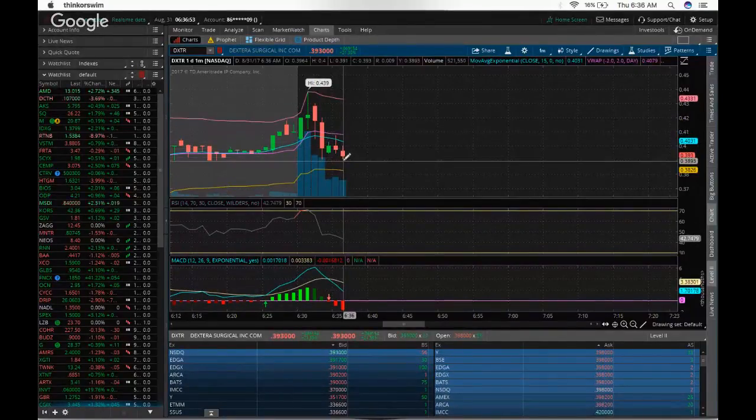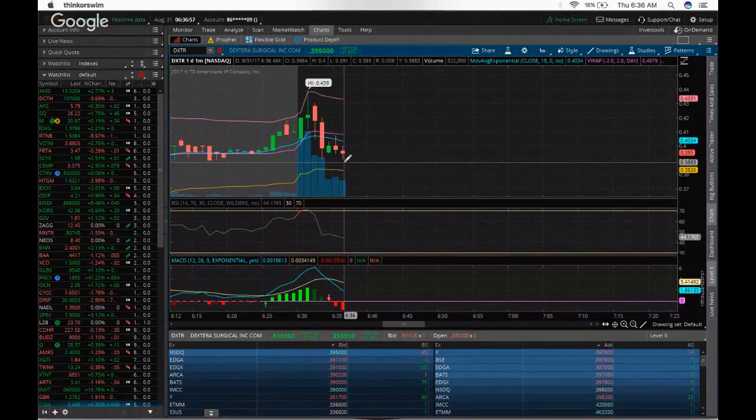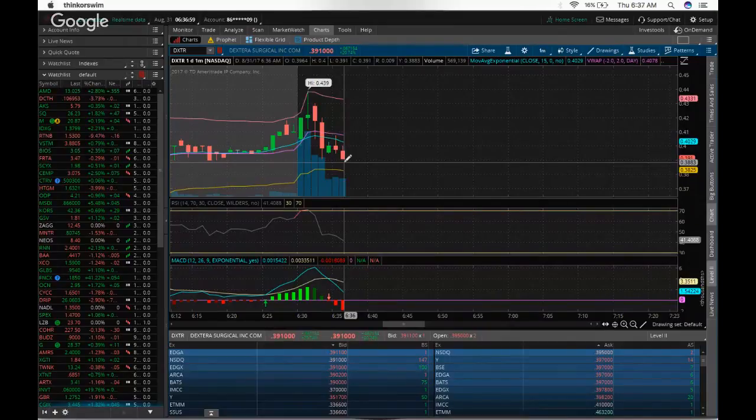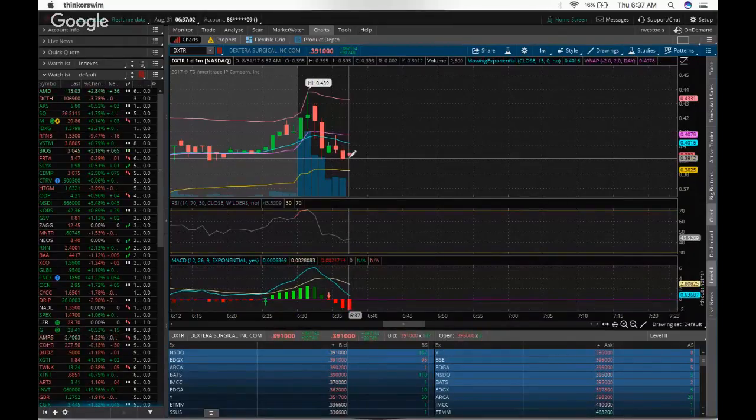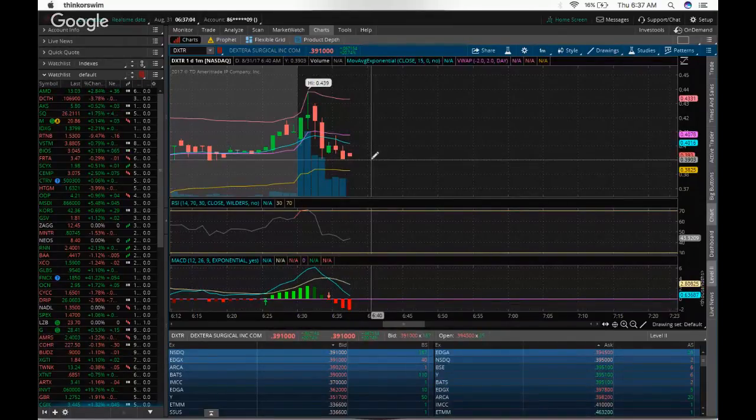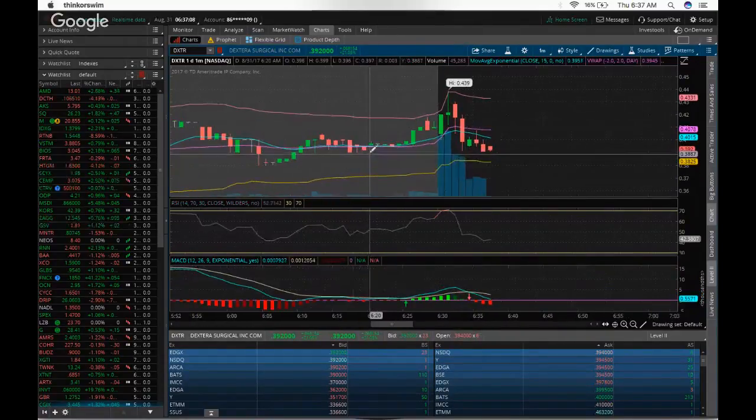Looks like it's going to be heading back down on the VWAP. Let's go ahead and see. There it goes. Looks like it's holding above 39 altogether. Looks like that's still a valid support during pre-market hours.